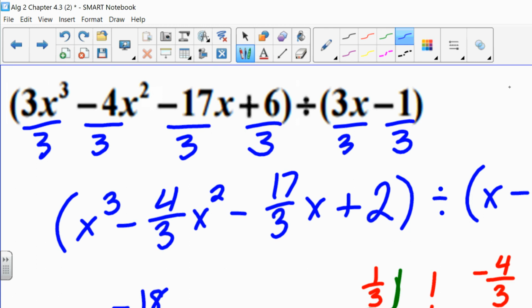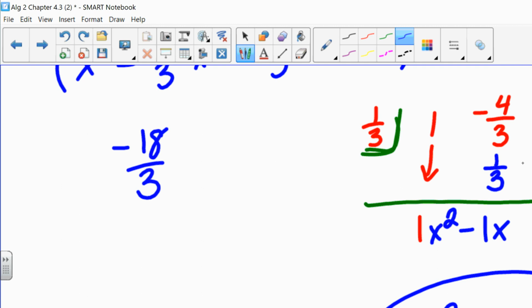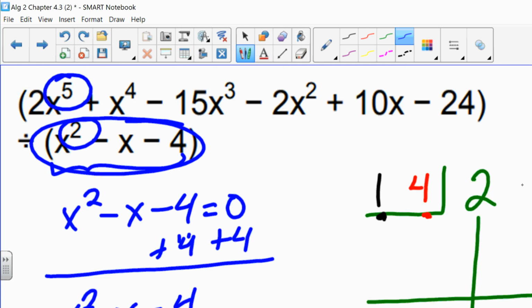Well, here we're dividing a degree 3 by degree 1, yes? Our solution was degree 2. So each time we divide, we're decreasing the degree by 1 or however much the degree of the bottom is. And that's helpful.